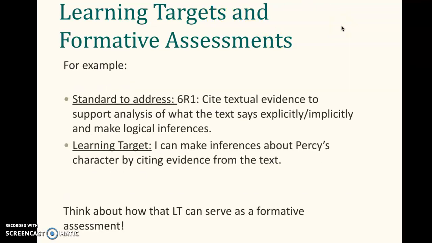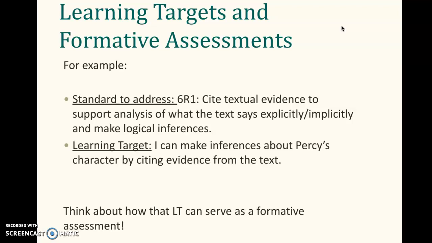So let's say I'm a sixth grade teacher working on standard 1, which is citing textual evidence to support analysis of what the text says explicitly and implicitly and make logical inferences. So let's say the learning target I focused on, I was reading The Lightning Thief, and I wanted I can make inferences about Percy's character by citing evidence from the text. Right, it's more specific.